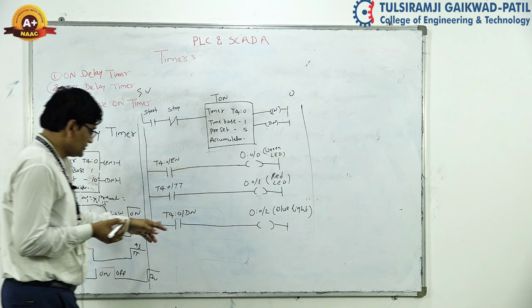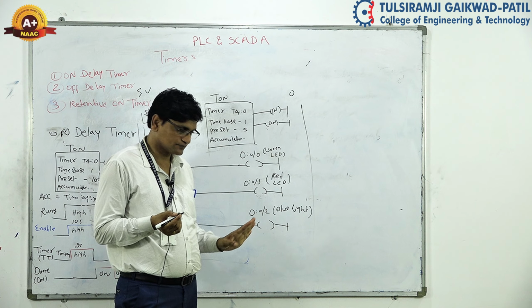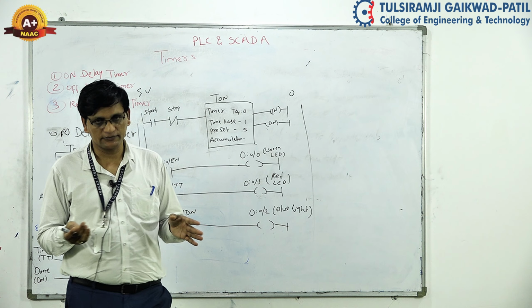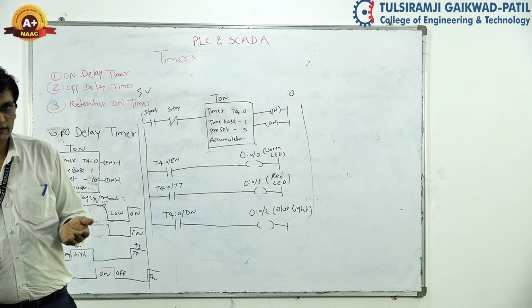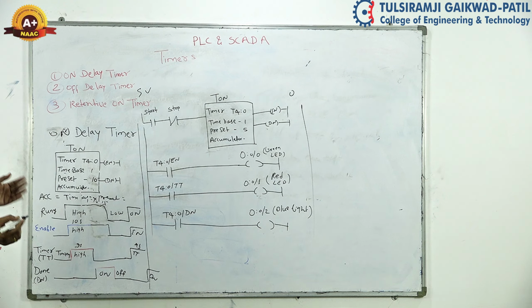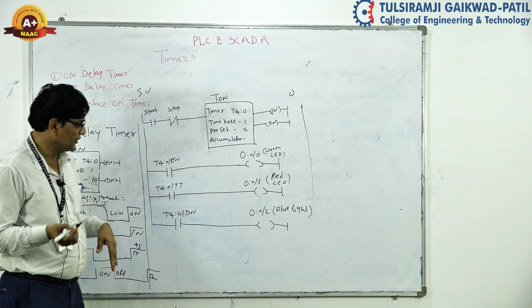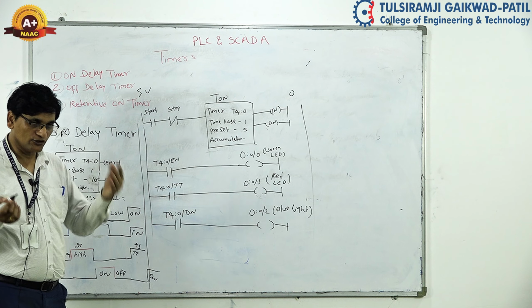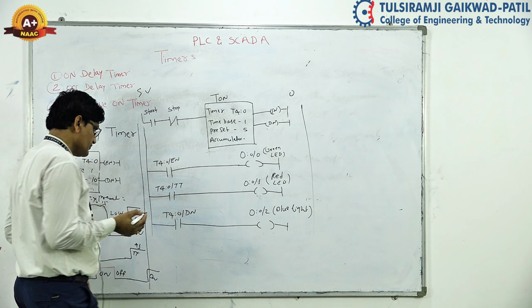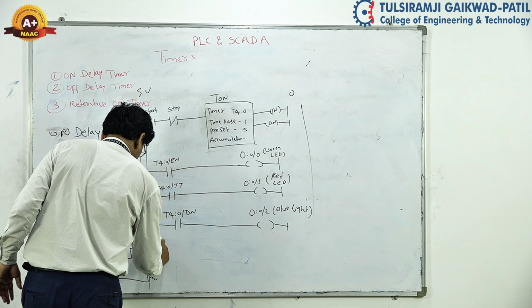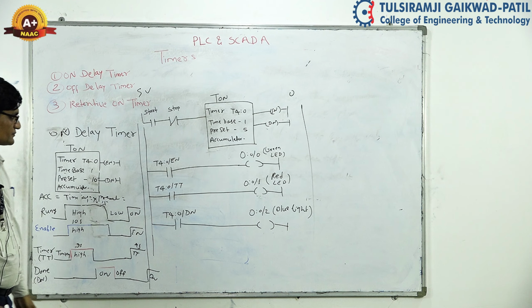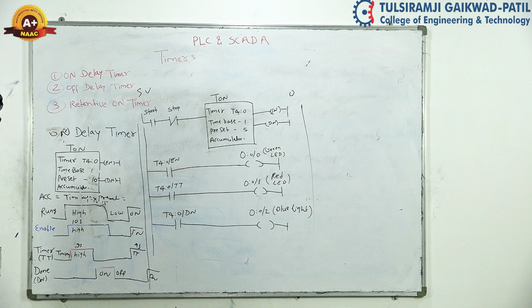Actually this done bit will be active for a particular period, that depends upon the settings in the particular sections of the industry. Then if you want to continue this process again, at that time we can use a reset timer. After resetting this timer, the process will be continued.